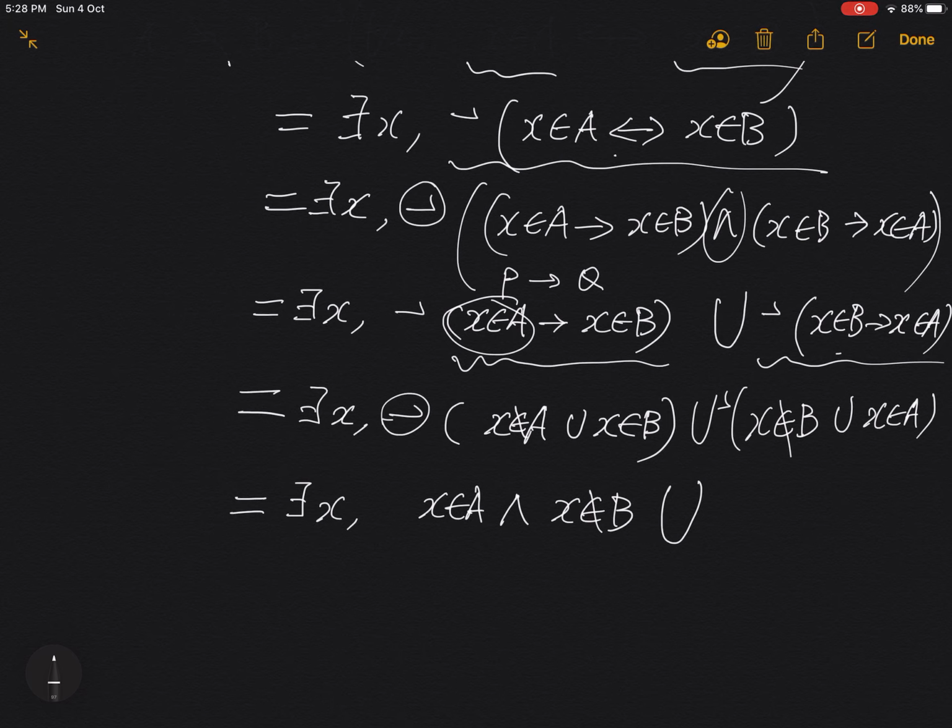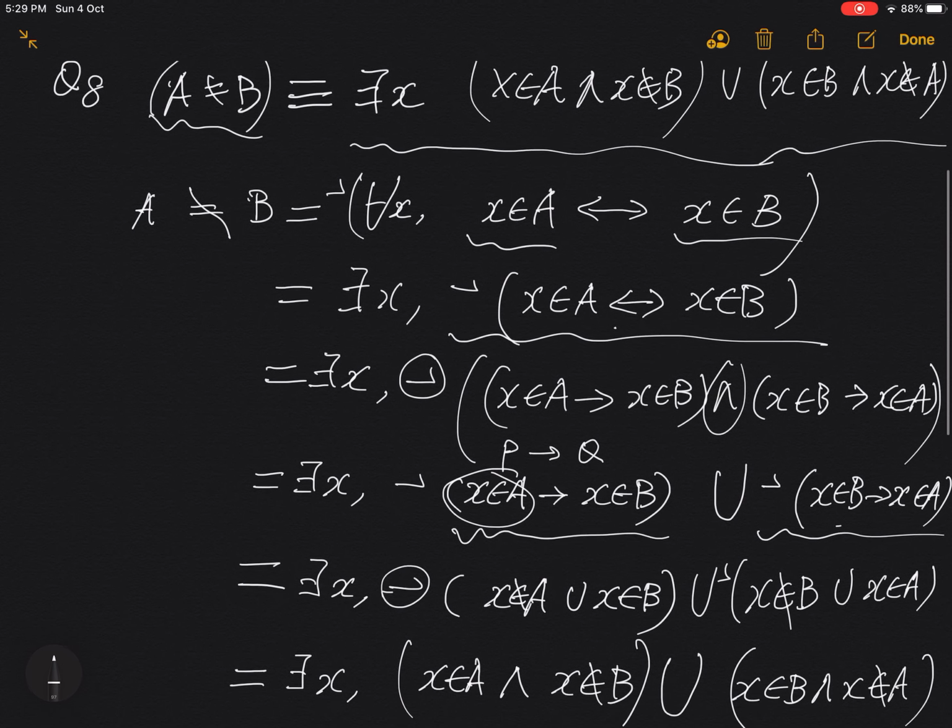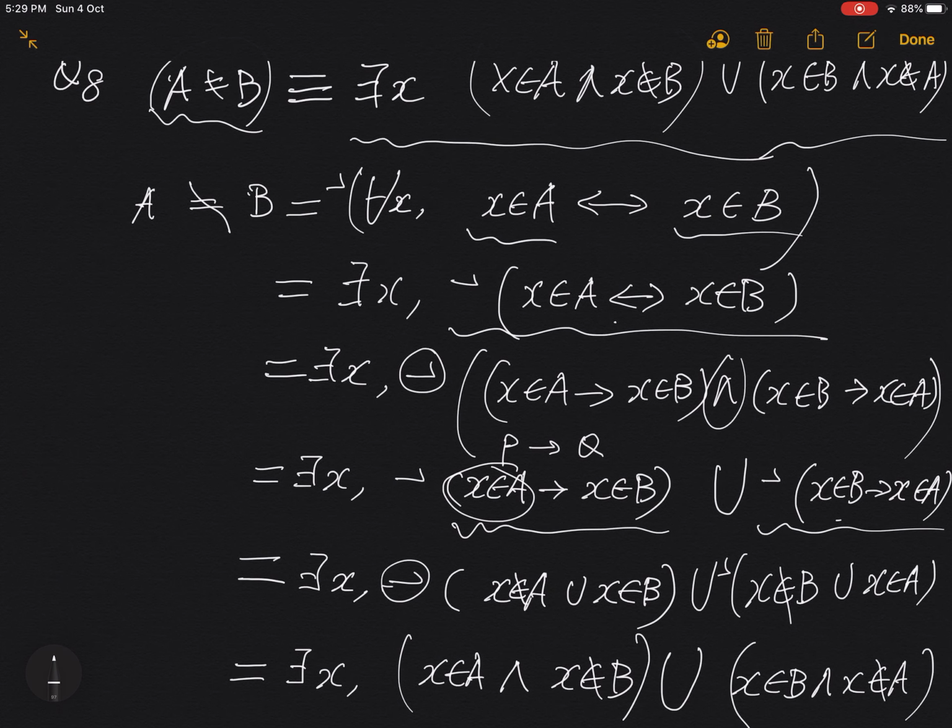Or x is in B and x is not in A. And then we can compare the conclusion and the requirement.